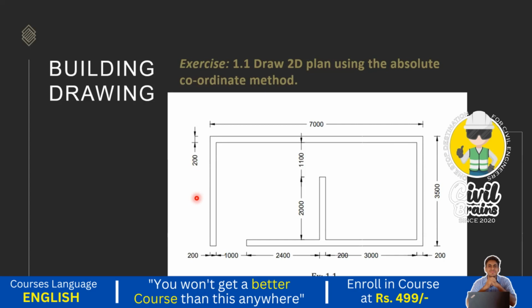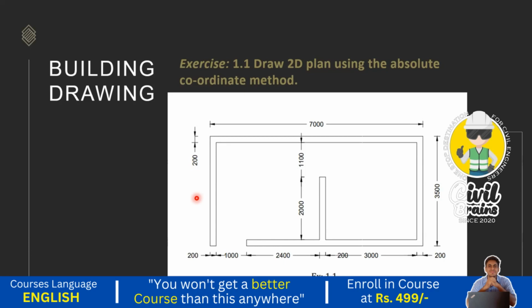We'll see both how to do the plan using coordinates and using tools. In all the plans we are going to do, we use the tools only. We are not using coordinates because it gets slow, and for multi-room plans it is difficult to complete the plans, sections, and elevations using coordinates.